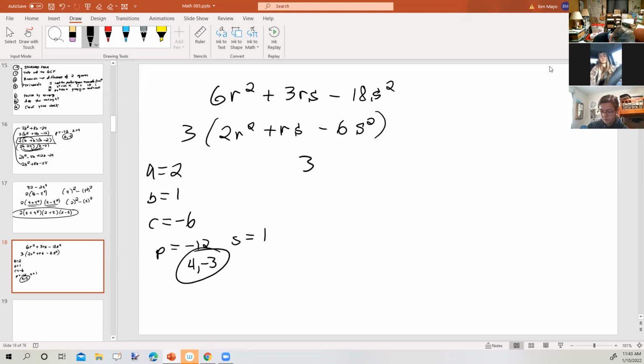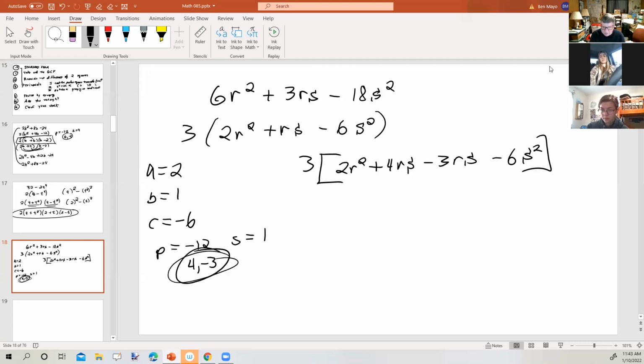So this becomes 3 times 2r squared plus 4rs minus 3rs minus 6s squared. Splitting the middle term into 2 terms, whose coefficients are these 2 numbers.